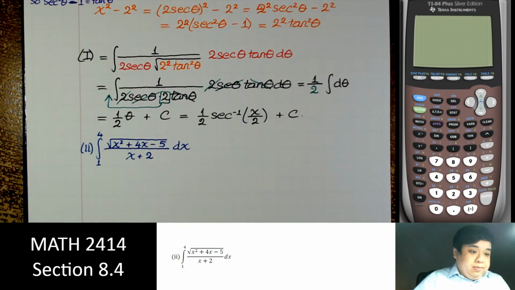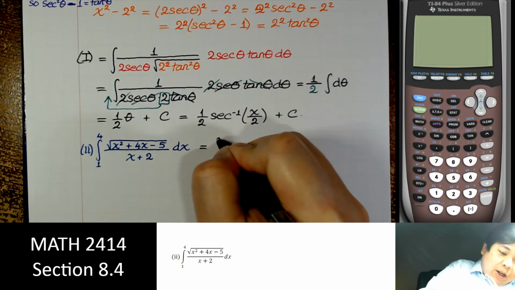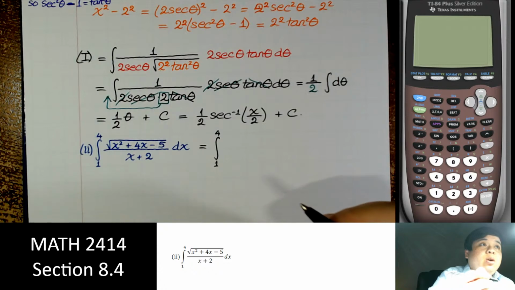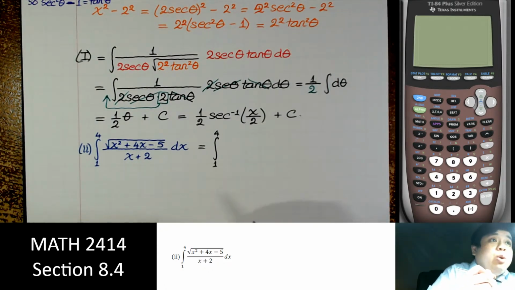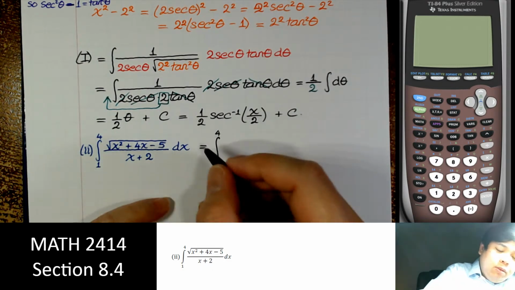This one's bad. For one, we have the limit, so this is a definite integral. And two, we need to do something before we actually do the trig substitution.